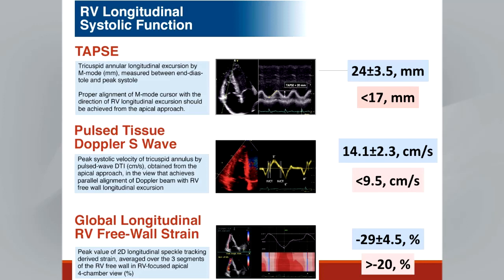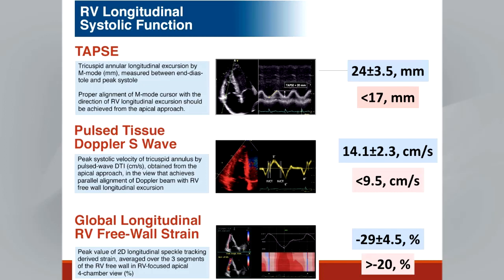The same would apply for the pulsed tissue Doppler parameters. These are easy to measure, reliable, reproducible, and they also correlate well with other measures of global RV systolic function.